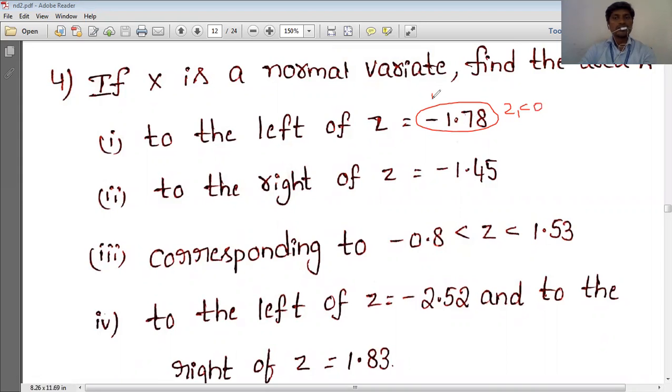So this is the case of P of z less than z1, with z1 less than 0.